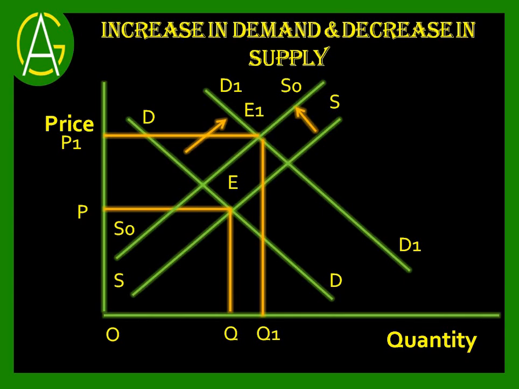What will happen to quantity? Quantity is going to increase because the demand has increased already. So the more people are coming to the market to buy the product, so the quantity is going to increase. So quantity will increase and price will also increase, but the price will increase by a greater amount than increase in the quantity.